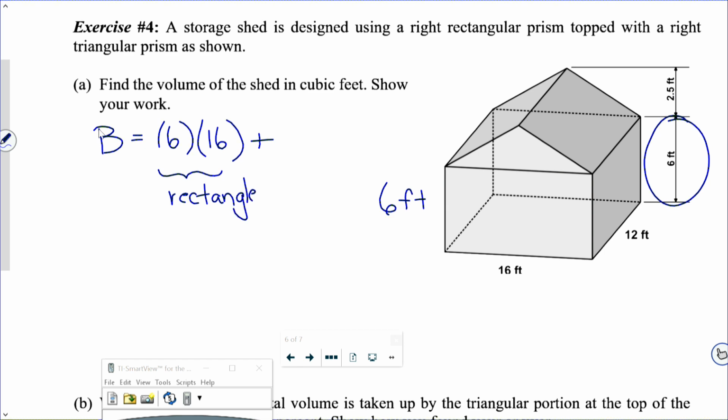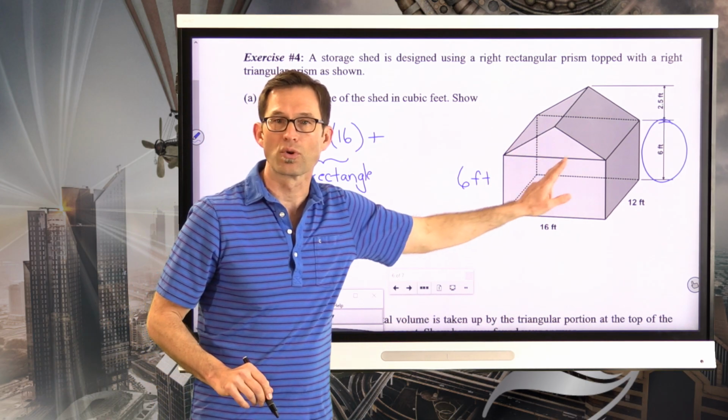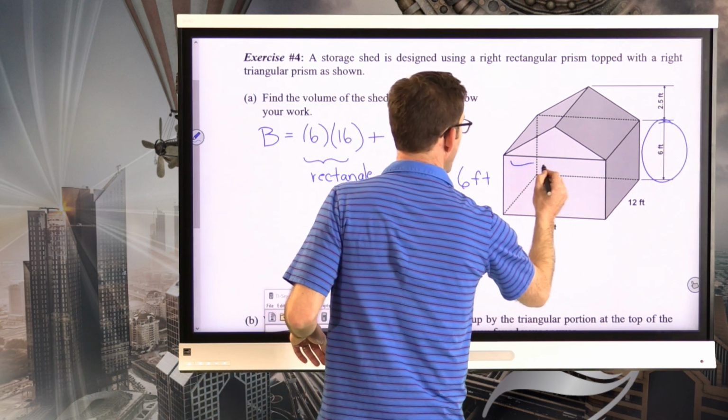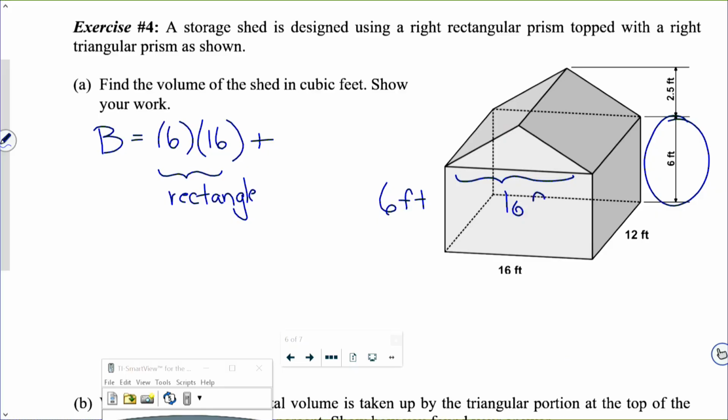Plus, now we'd like the area of that triangular portion. Now, what does that triangle look like, right? That triangle is 16 feet wide, and it's 2.5 feet tall. So that triangle has an area of 1/2 times 16 times 2.5, right?